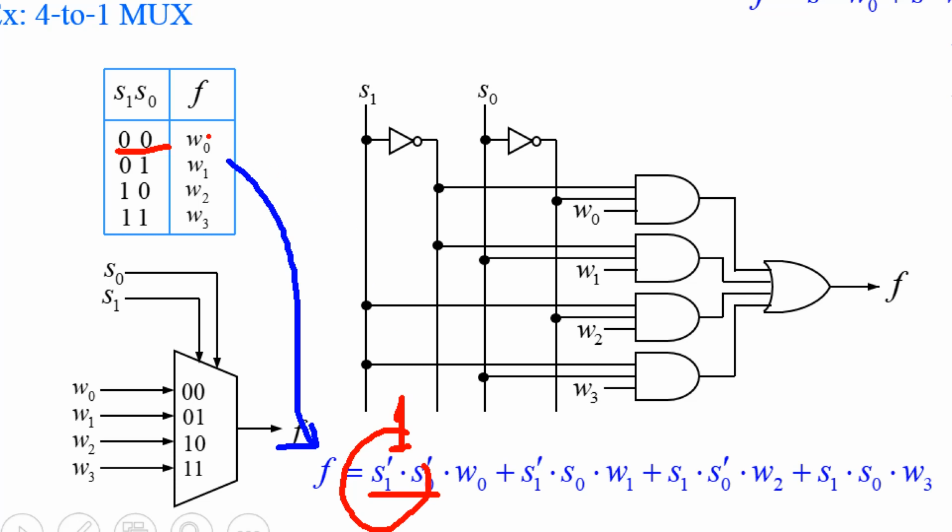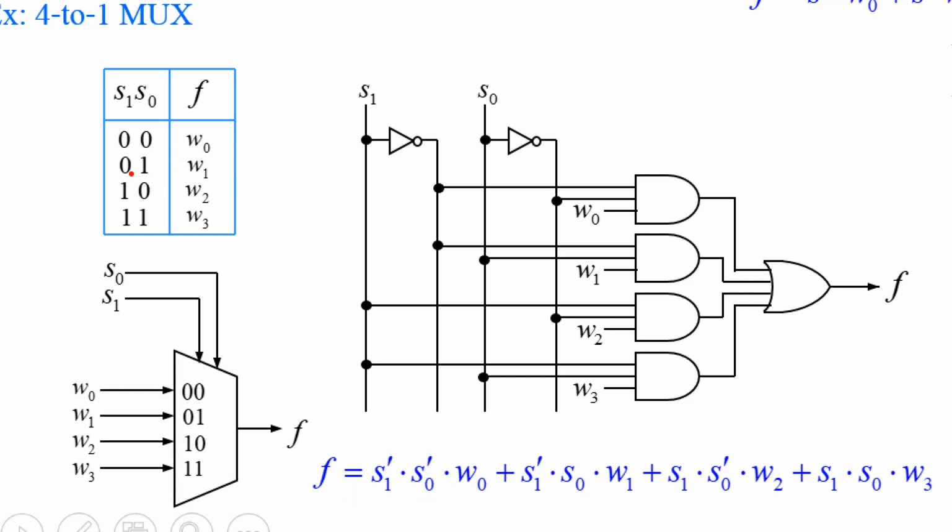That means, if you want the value of the function to become W0, then you add W0 to this term. Okay? And this condition 01 is S1 prime S0. If this condition becomes true, your function must be W1. So you add W1 here.